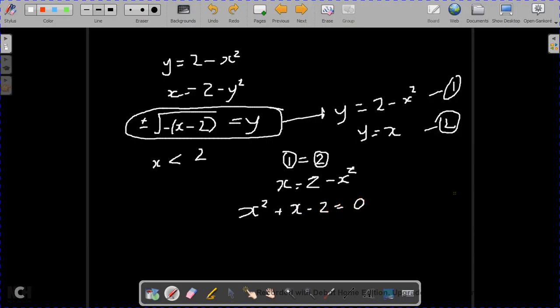Now I've got a quadratic, I can solve: two numbers that multiply together to get minus 2. So it'll be positive 2 and minus 1. So x plus 2 and x take 1 equals 0. Okay, so either x equals minus 2 or x equals positive 1.